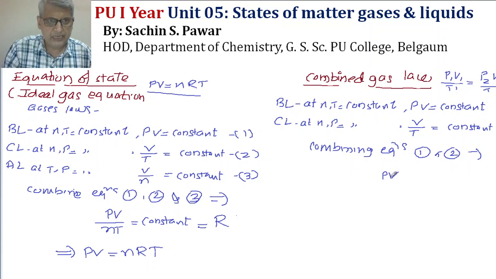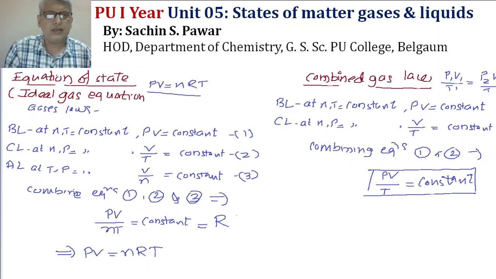It implies PV by T is equal to a constant, and this is the combined gas law statement. When pressure, volume, temperature all are varied, then for a fixed amount of gas, the ratio PV by T is always constant.